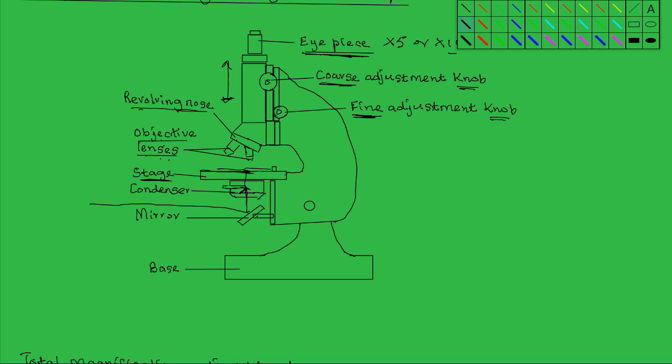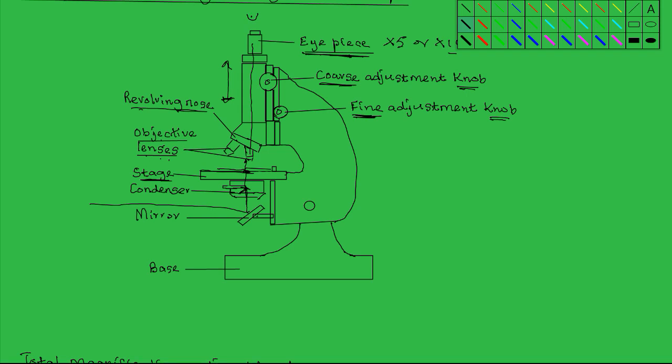Light rays pass through the specimen, then through the objective lens. The objective lens will now refract the light rays to provide the first level of magnification. The light rays travel through to the eyepiece lens, where the second magnification takes place.